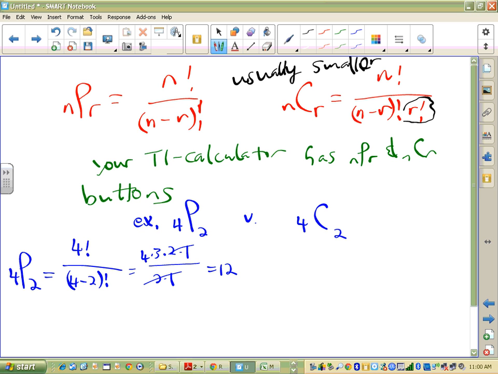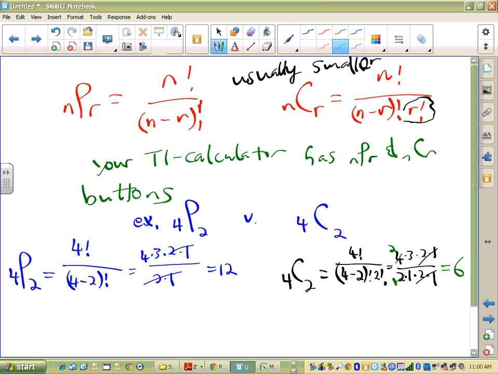So if we did a combination 4 C 2, it would be 4 factorial over 4 minus 2 factorial, 2 factorial, which would be 4 times 3 times 2 times 1 over 2 times 1 times 2 times 1, and those cancel. And then something else special happens. This 2 actually turns into a 1, and this 4 then turns into a 2. We get 2 times 3, which ends up being 6. It's smaller. Permutations and combinations, realize that combinations are usually smaller.